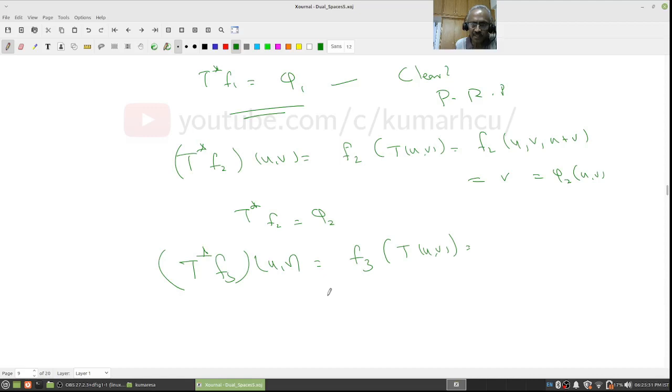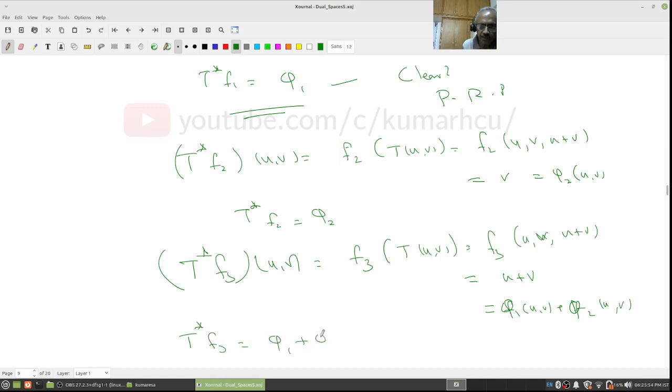This is going to be F3 of U, V, U plus V, but that is U plus V, which is nothing other than phi 1 of UV plus phi 2 of UV. Therefore, T star of F3 is phi 1 plus phi 2. Yes?